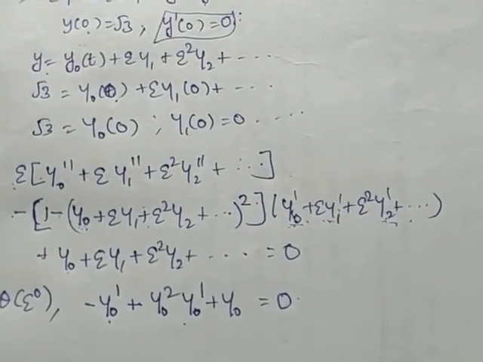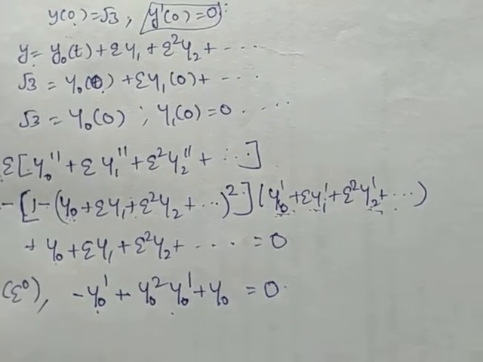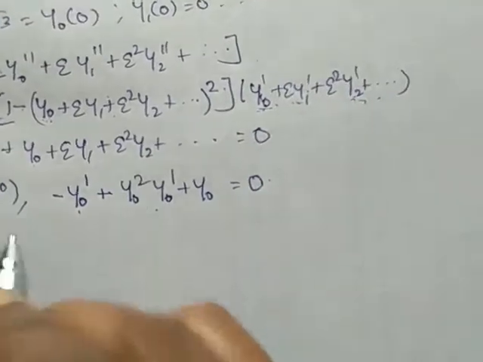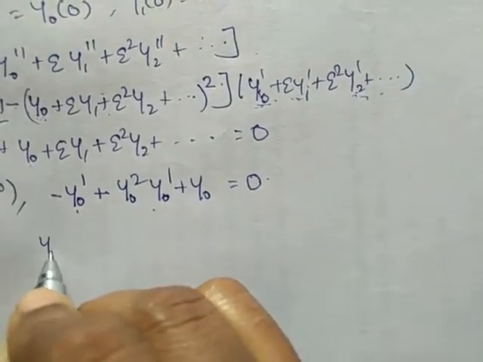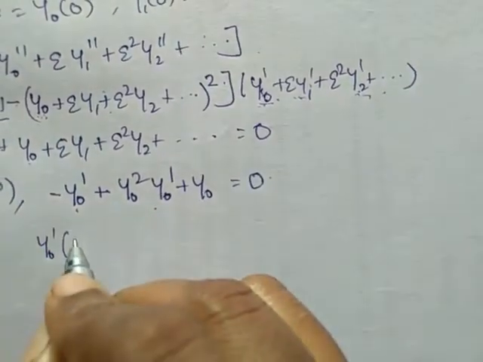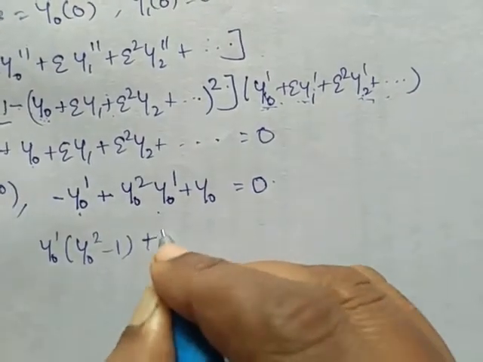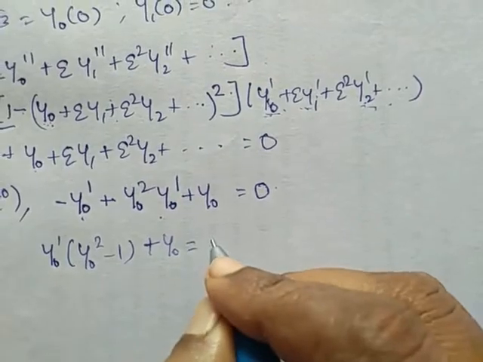This is our equation. We have to find y naught value from this equation. We can write this as y naught dash, taking common, y naught square minus 1 plus y naught is equal to 0.